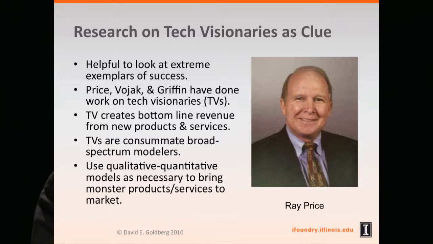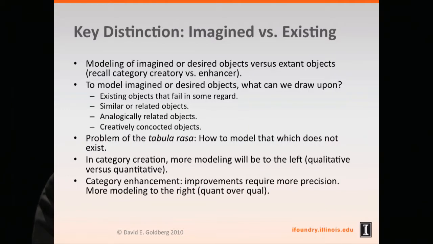One of the findings of research on tech visionaries is that they are consummate broad spectrum modelers. They will model qualitatively, quantitatively. They will model however they need to bring a new product to life. And so they're very good at making this match between model cost and model accuracy, as required to do what? As required to make some new product come to life.